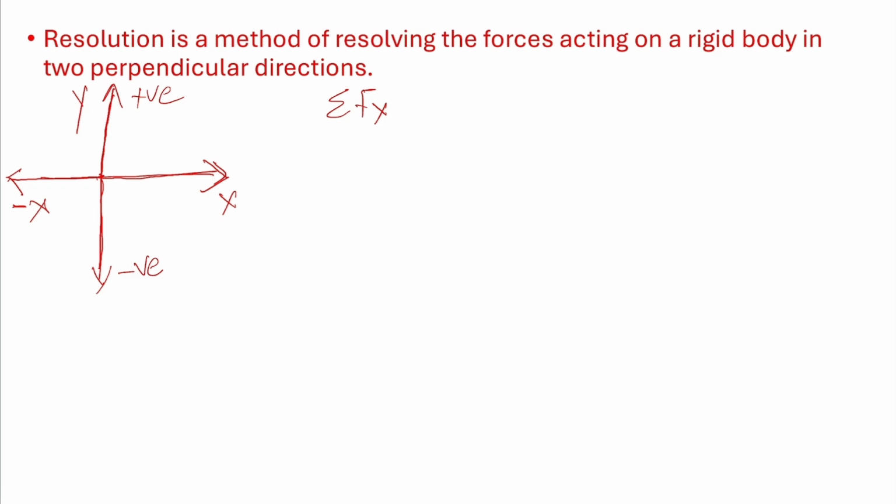Then the second one is that there should be an angle. We know a force, and then the angle of the force. There should be an angle of the force which must lie between the line of action of force and any one side of the coordinate. Okay, this is the force and there should be an angle, and that angle must lie between this line of action of force and any side of the coordinate.